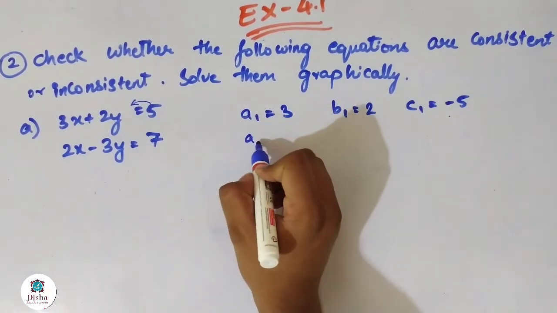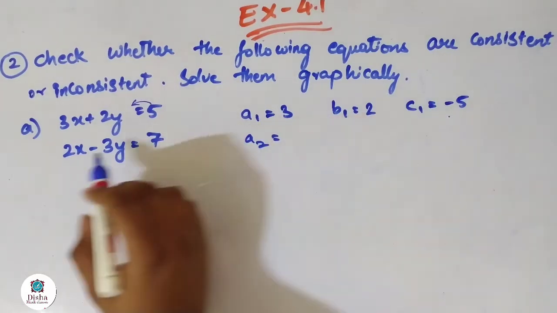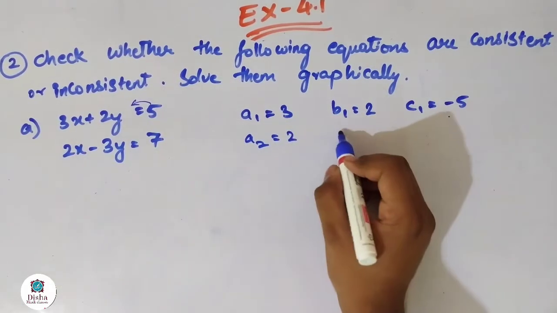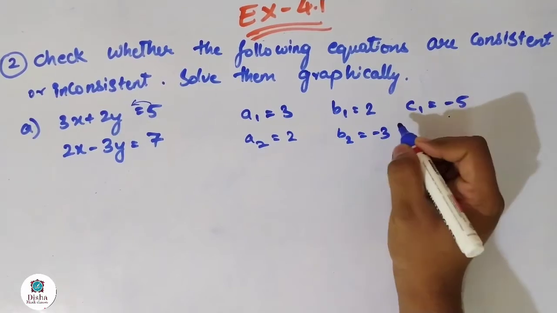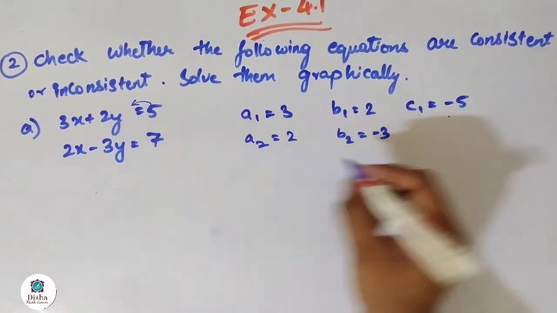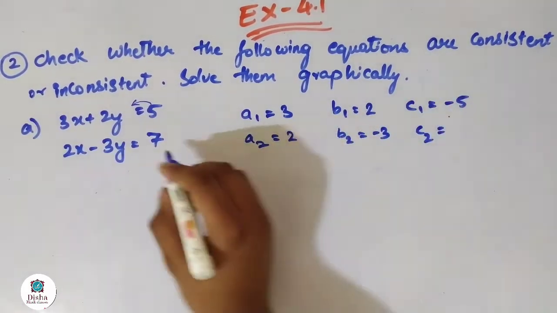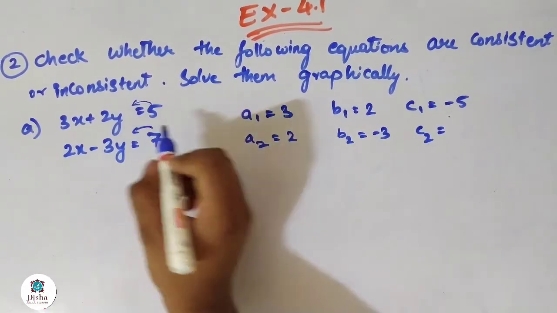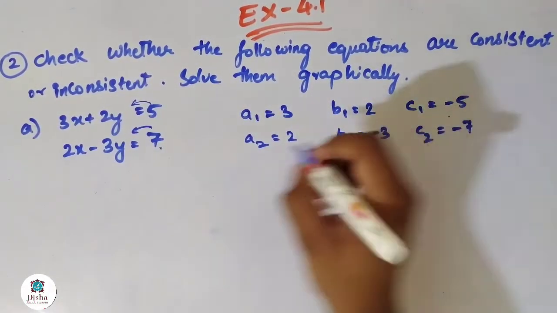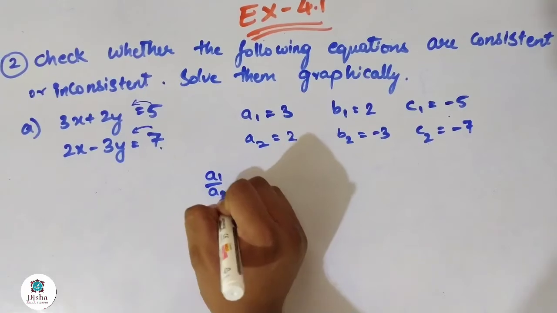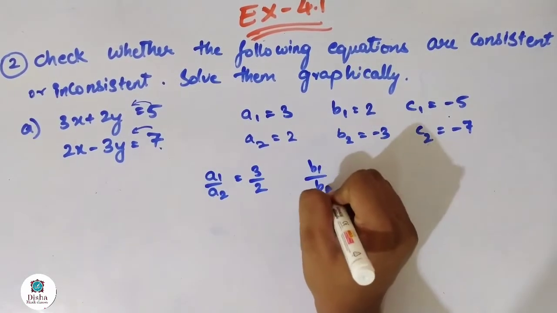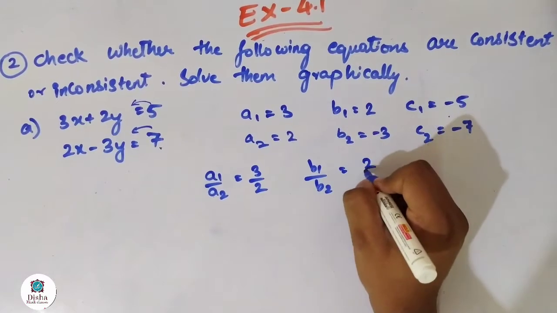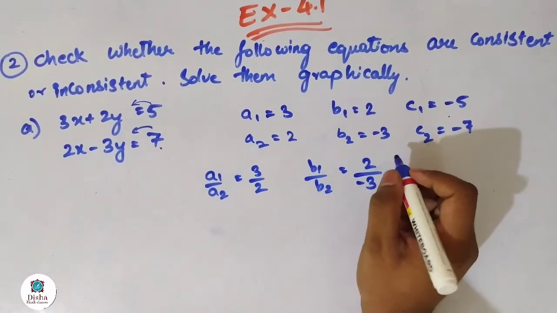Now a2 equals the coefficient of x, 2. b2 equals the coefficient of y, minus 3. c2 equals the constant. If this goes to the left side, that will be minus 7. So now a1 by a2 equals 3 by 2, and b1 by b2 equals 2 by minus 3.